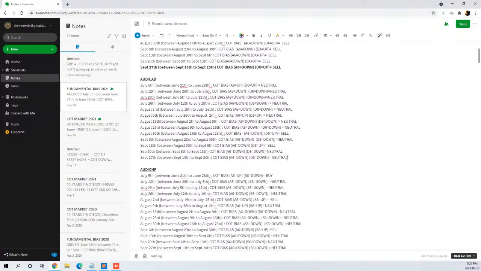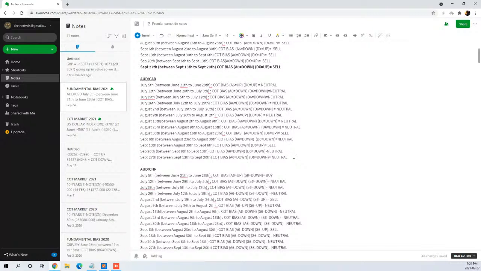When we say it's a neutral pair, it means we don't have a specific bias for that pair because the future contracts for both of the currencies are going in the same direction. If we have a neutral pair, I personally do not trade that pair.